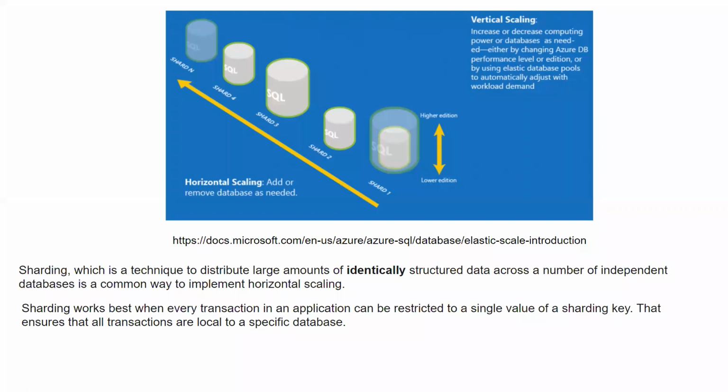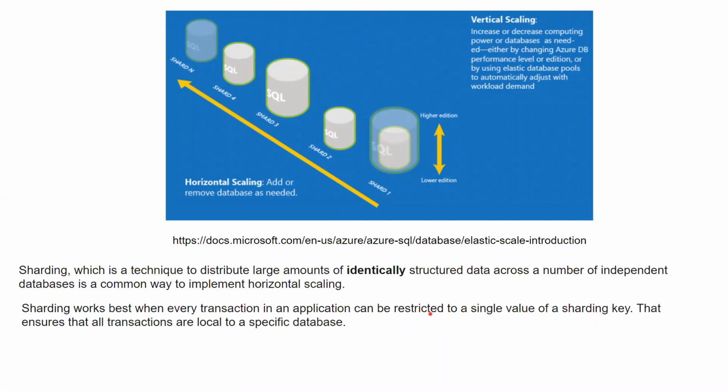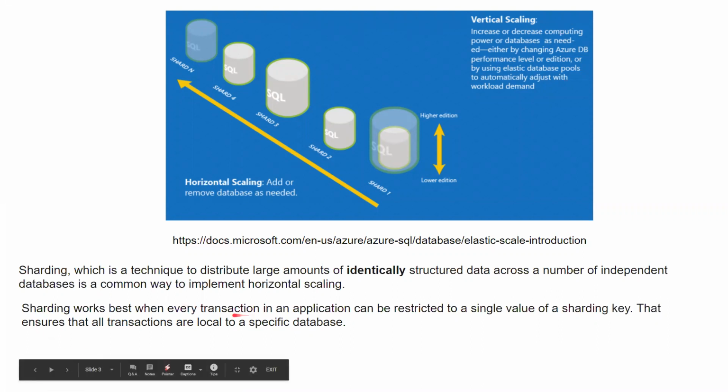The way I interpret this is, if your transaction is restricted to a single value of a sharding key, then all the data you need for the transaction is local to your database, and that's good. But if it's spread across different shards, then you need to join data and all of that. In general, the best case is if every transaction in an application can be restricted to a single value.